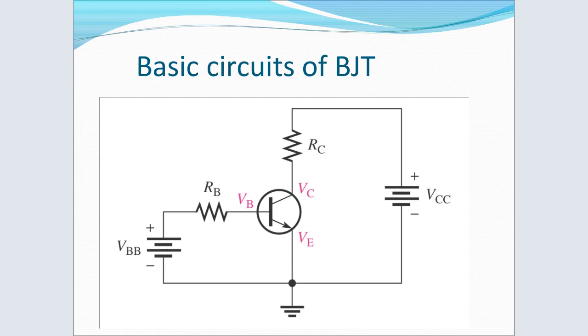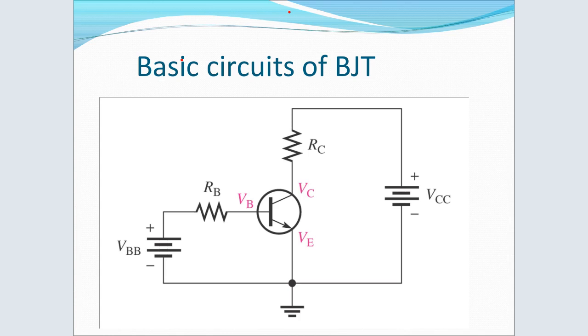So that's the circuit. This is how the biasing should be moving. So you can see VBB, VCC, VB, VC, and VE. Now, VB, VC, VE are the actual terminal voltages for base, collector, and emitter respectively.